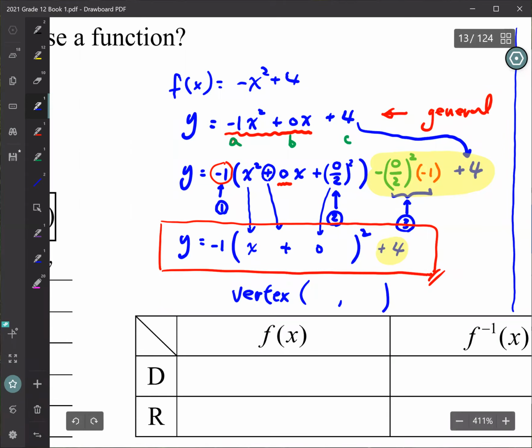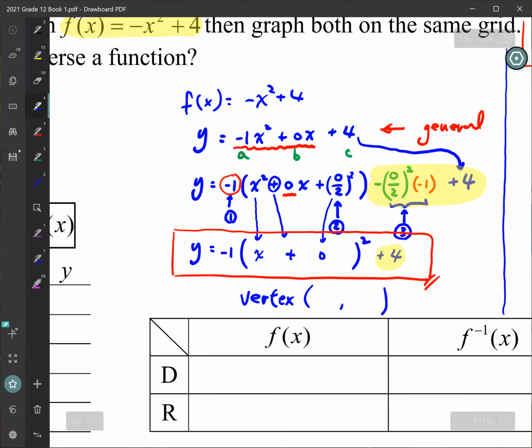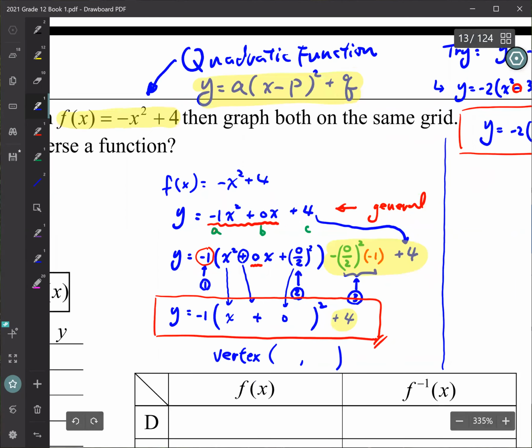What's the P? P and Q, right? PQ is our vertex. P is whatever that's after the minus, the 0. That's right. Okay, what's the Q? 4. Yeah, okay, 0, 4 vertex.